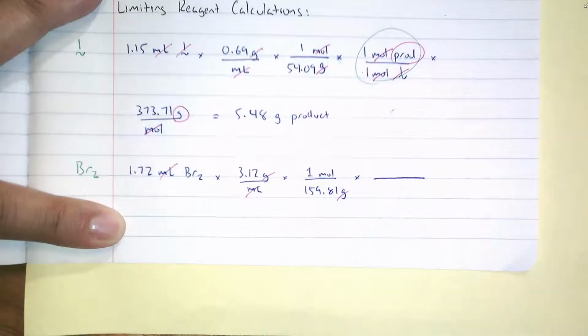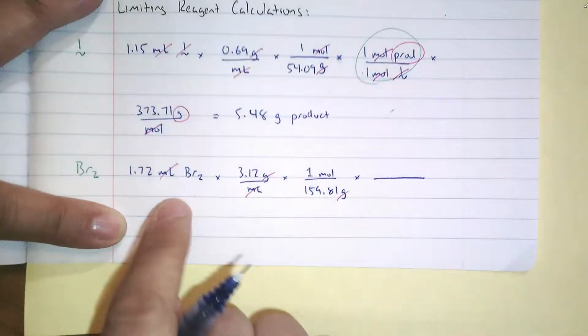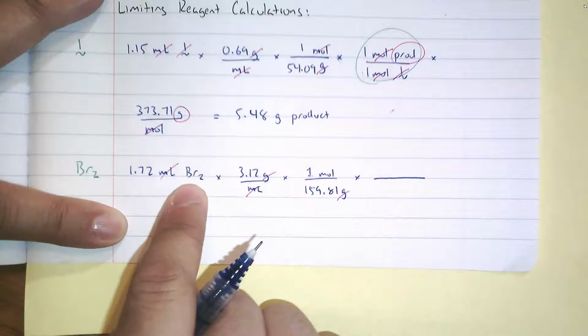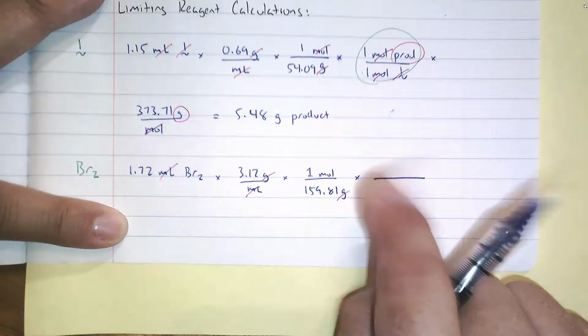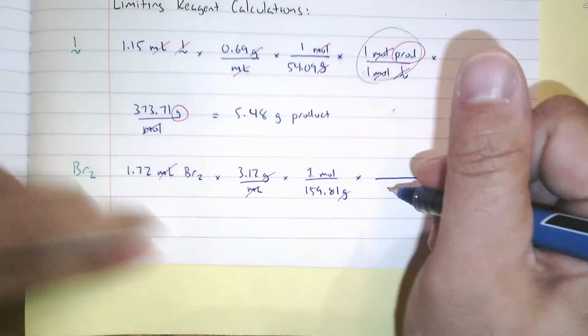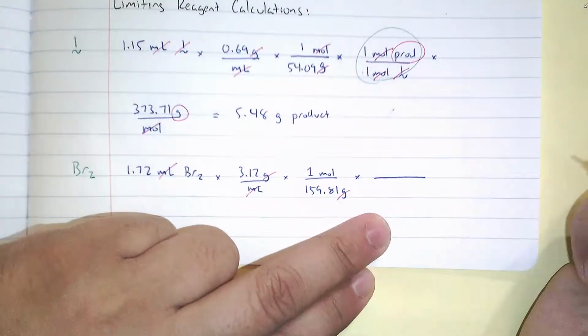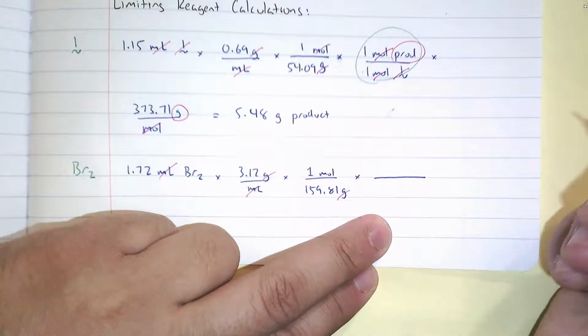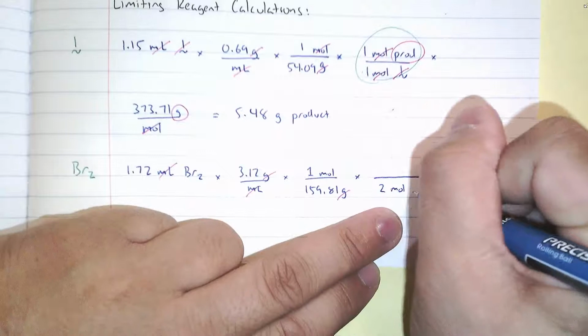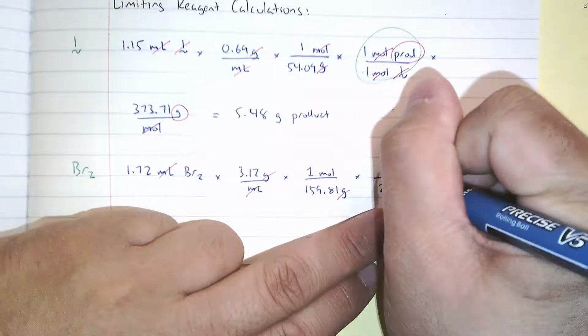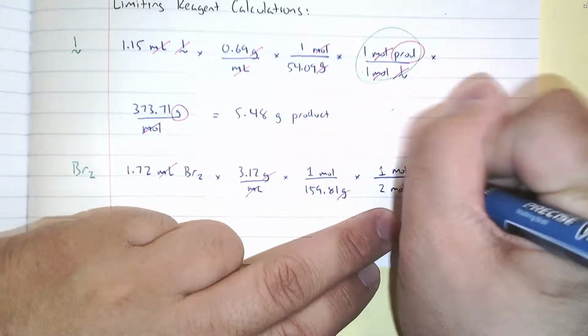So this is where, when in doubt, draw your horizontal line and figure out, what do I need to cancel? I need to cancel out bromine. And sure, you could put molecular bromine, but I think it's just easier to say mole of bromine. But how many moles of bromine do you need per product? So that's 2 moles of Br2 to make 1 mole of product.